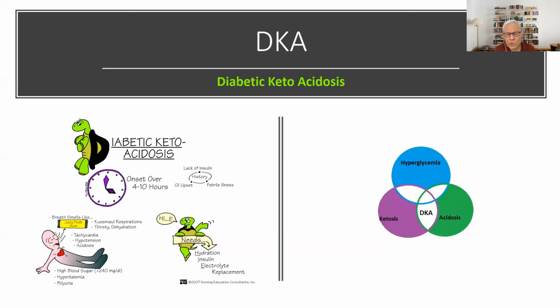So this occurs when there's no insulin, and it inhibits the ability of glucose to enter cells for utilization as a metabolic fuel. And the result then is that the liver rapidly breaks down into ketones to employ as a fuel source.